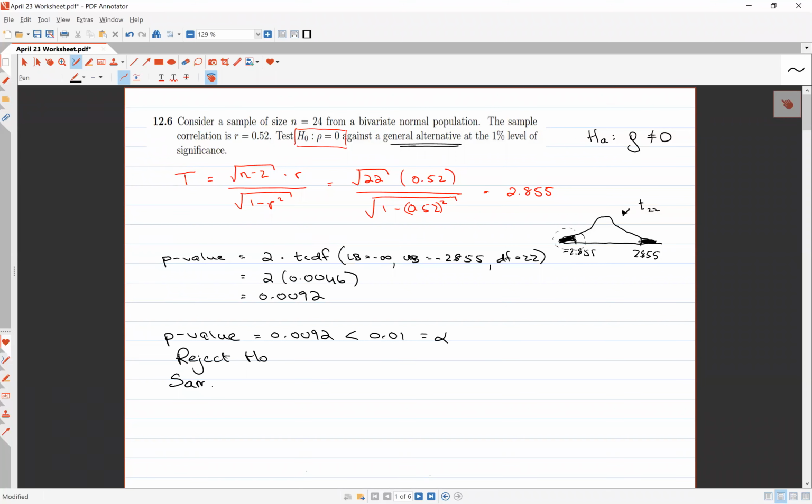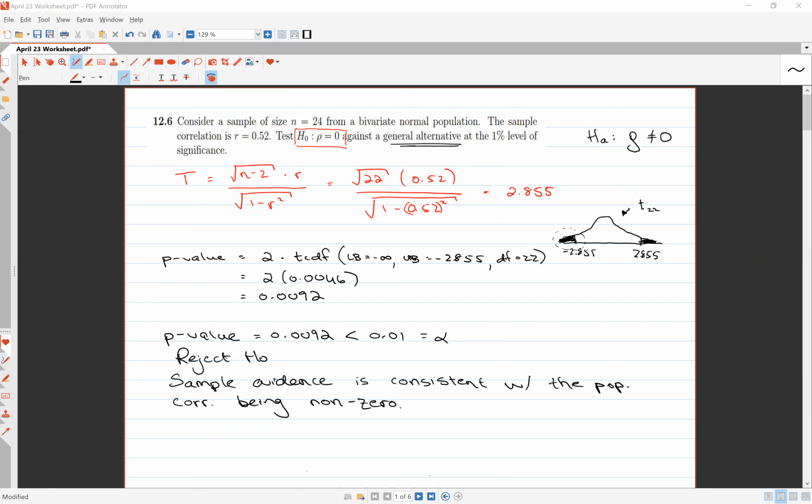And so our conclusion would be that the sample evidence is consistent with the correlation being a value different than 0. So effectively, we're saying there is some measure of linear association between the two variables.